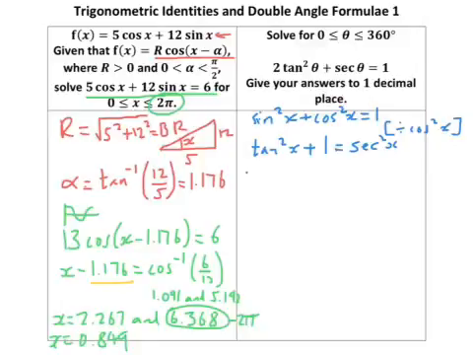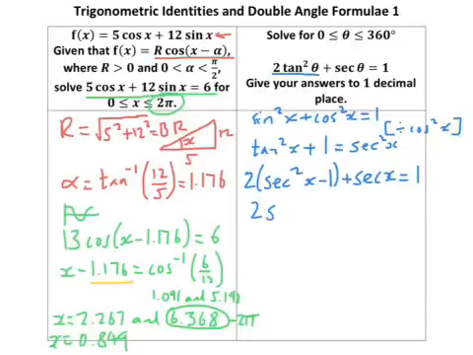So I'm going to swap tan squared for sec squared minus 1, so I'm going to have 2 sec squared minus 1 x minus 1 plus sec x equals 1. When I multiply that out and simplify, I'm going to end up with a quadratic in sec. Actually, sorry, I keep putting x, it's actually theta.